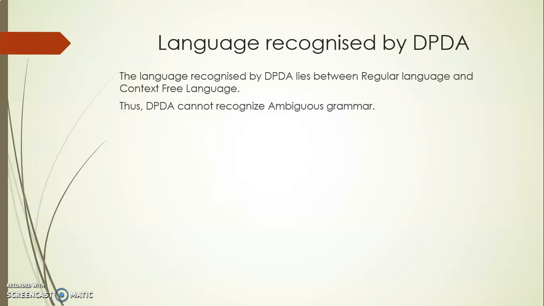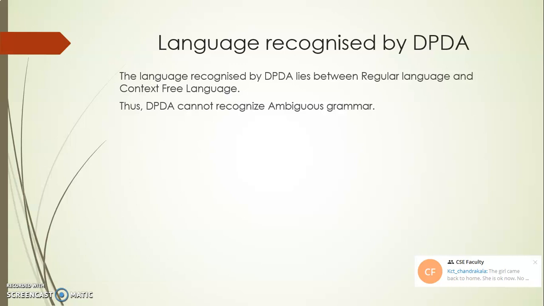Now we'll come to the language recognized by PDA. What is the language recognized by PDA in general? The language recognized by PDA is the context-free language, right? Then what about the language of the deterministic push-down automaton? In the previous slide I was saying that since a deterministic push-down automaton imposes specific constraints, it cannot be constructed for all context-free grammars.